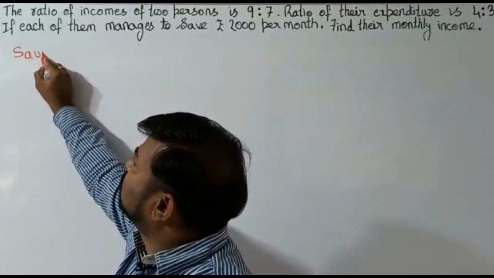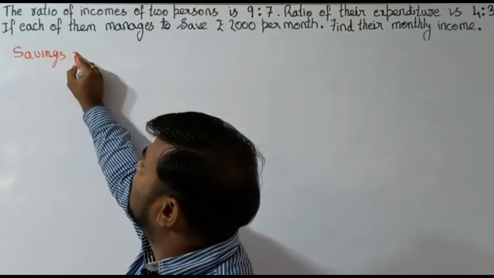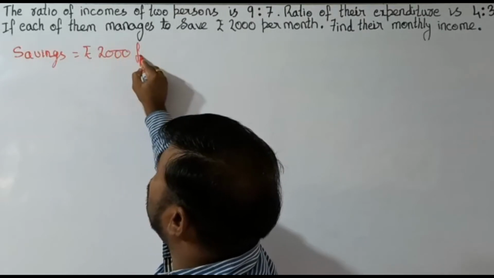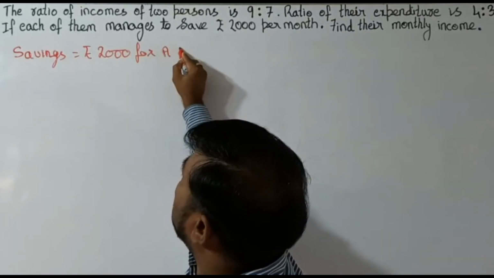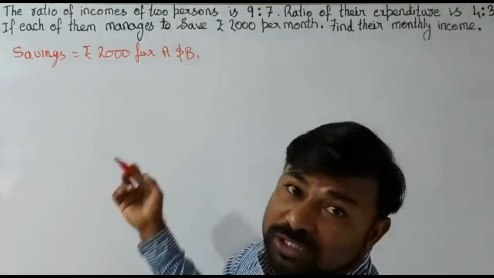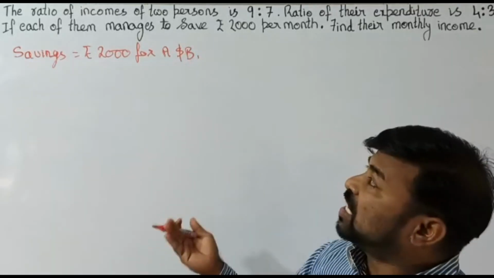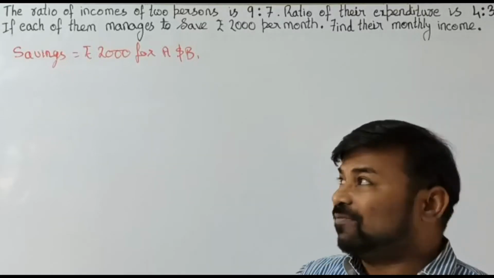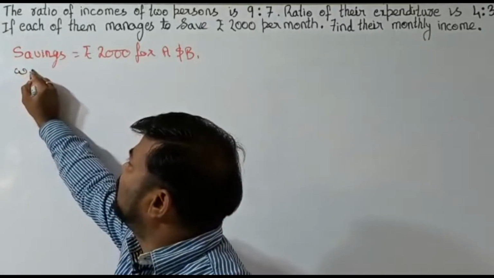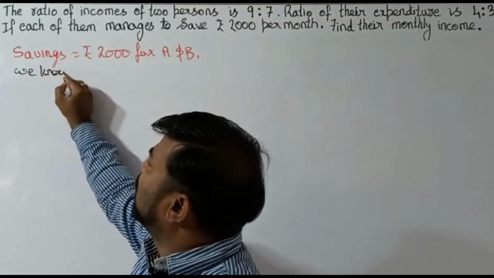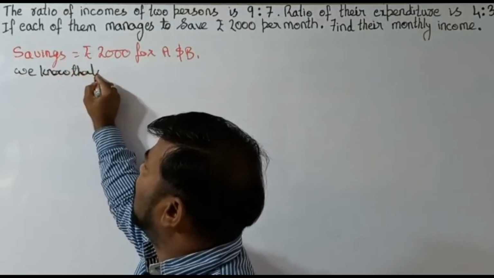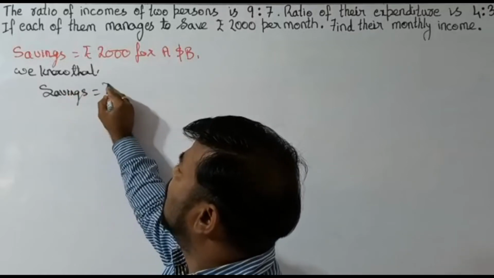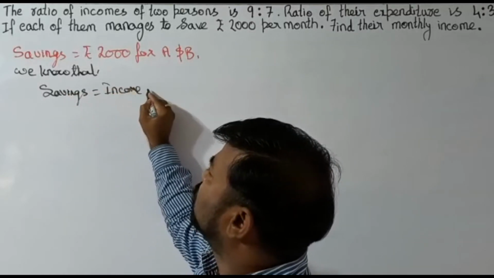Savings equals rupees 2,000 for each, for A and B. As we have taken the two members as A and B, savings is equal to 2,000 for A and B. That's clear. But what is savings? We know that savings equals income minus expenditure.